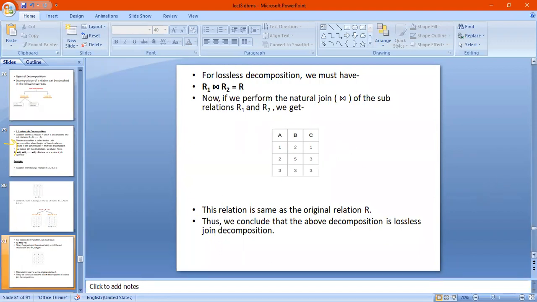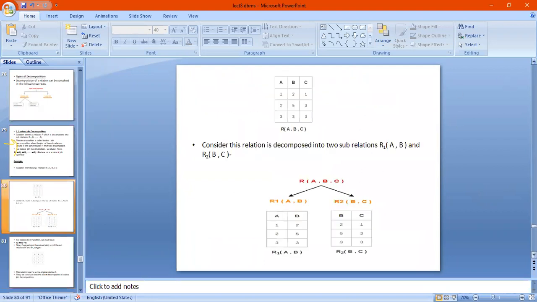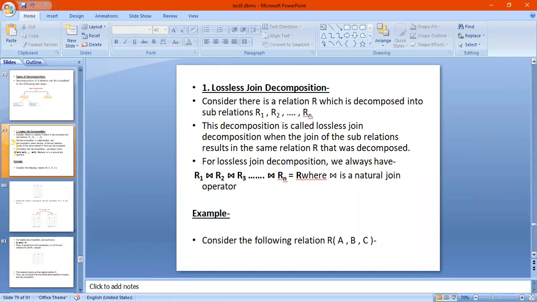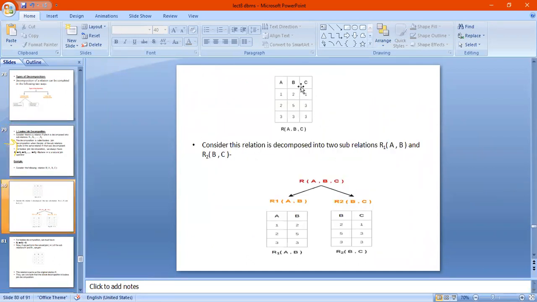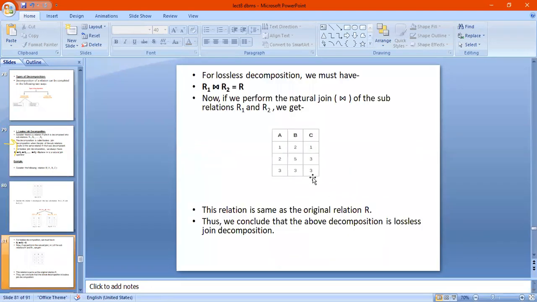Let's see what the original relation is. This is the original relation. Is this the same as the updated one? Yes. So the relation is the same as the original relation R. Thus, we conclude that the above decomposition is a lossless join decomposition.